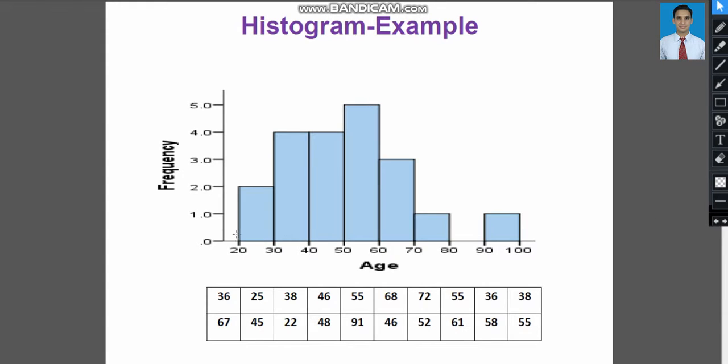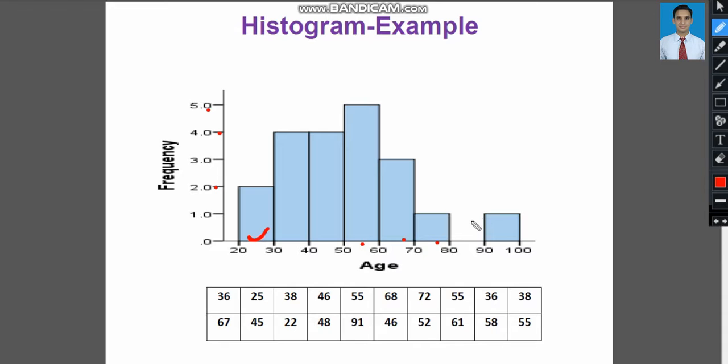In the first interval, between 20 and 30, the frequency is 2, and in the second interval the frequency is 4, the third interval the frequency is again 4, the fifth interval the frequency is 5, and in the sixth bin the frequency is 3, in the next bin the frequency is 1.